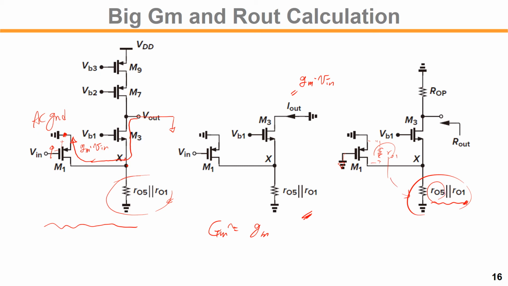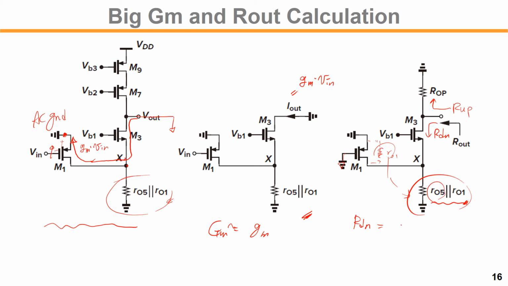So for this kind of circuit, we can find the R down, RDN, and R up. The RDN, the downside impedance, is what? This is the source degenerated output resistance, right?